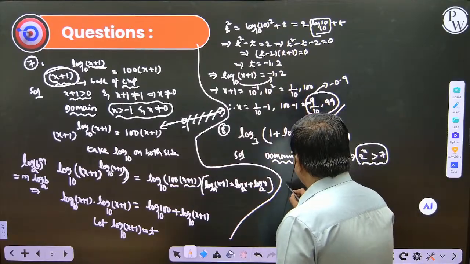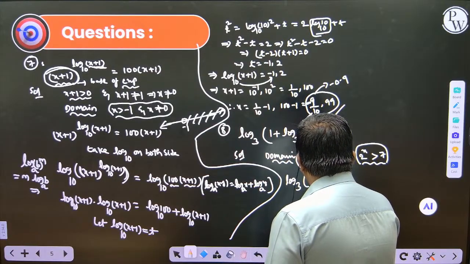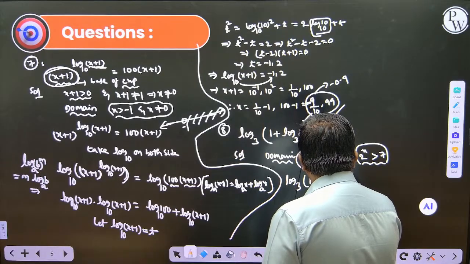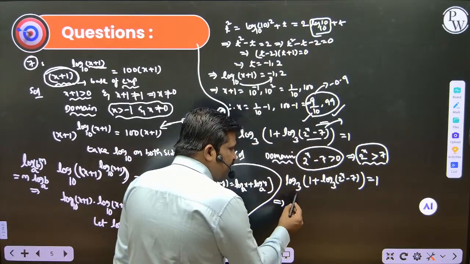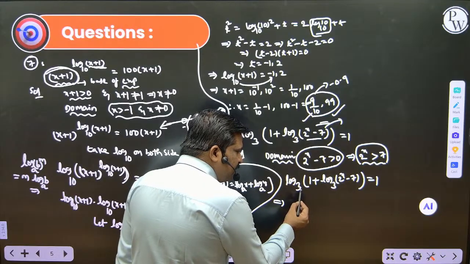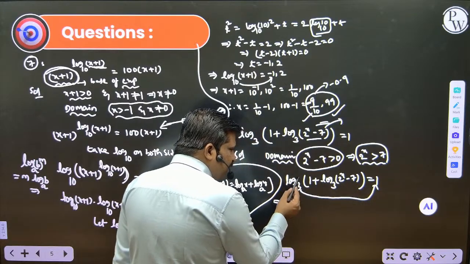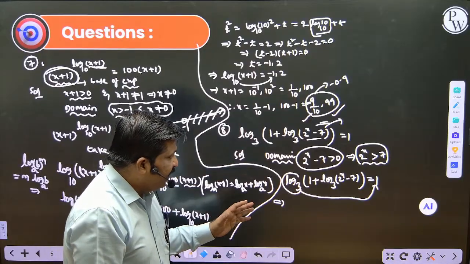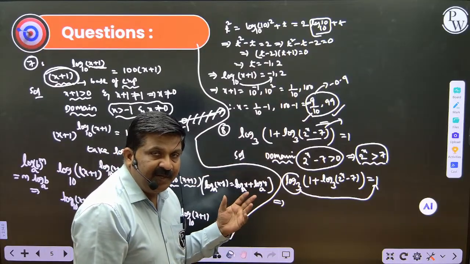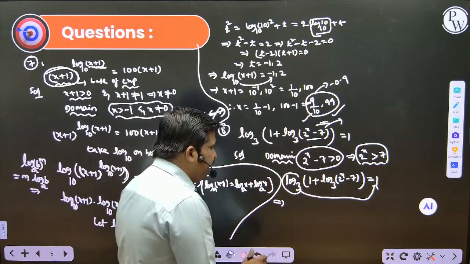So now look here. Log base 3 of (1 plus log base 3 of (2 power x minus 7)) is equal to 1. Now the base of the logarithm, this log base 3, I am shifting to the other side, and it becomes the base of an exponential.